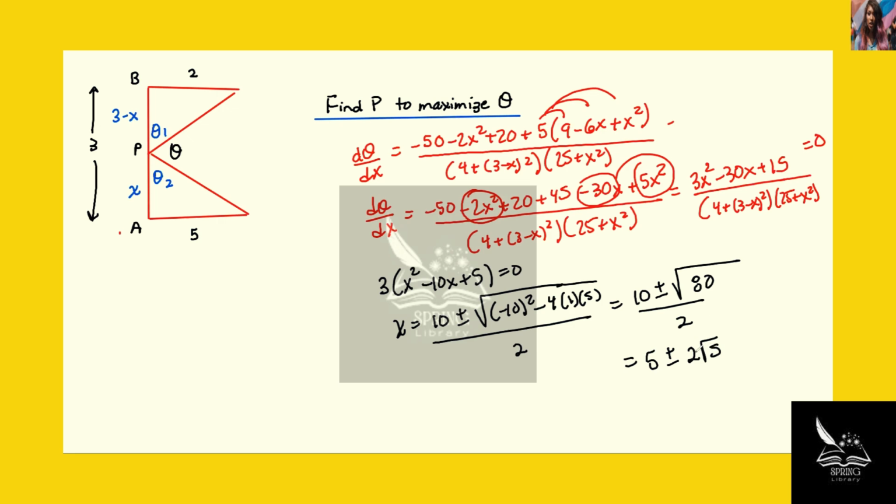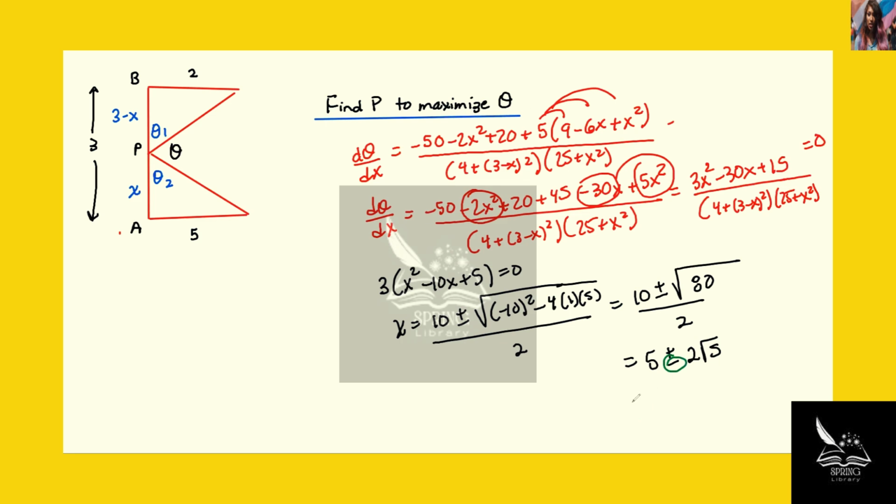Okay, so that is our x. We can't choose the plus value because that's too big. We can't have x bigger than 3, so we're going to have to choose the minus value. So the one that makes sense for us is x equals 5 minus 2 root 5. Let's go back.